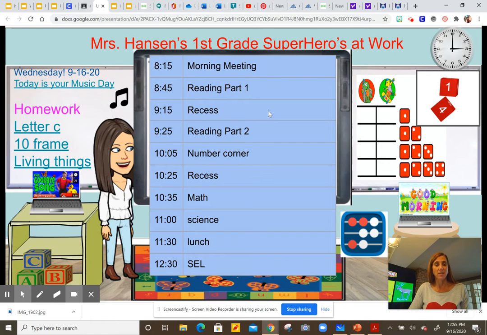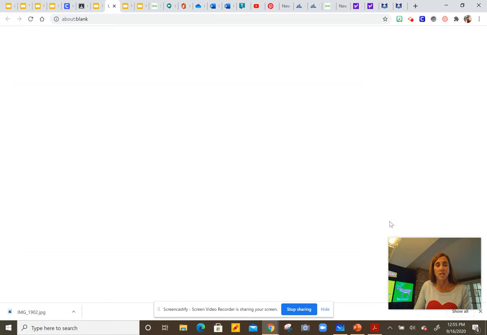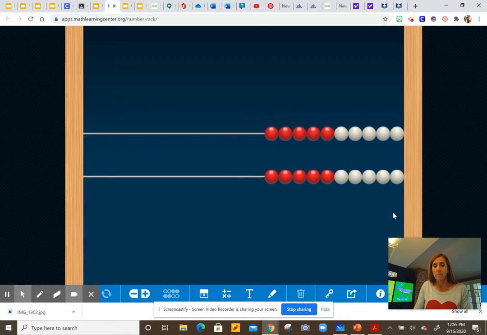Great job, you guys. For math today, we looked at a 10 frame. Here is our 10 frame. If you click right here, it's going to take you to a 10 frame. And we did this page, which is in your materials, where we had 9 ladybugs on top.